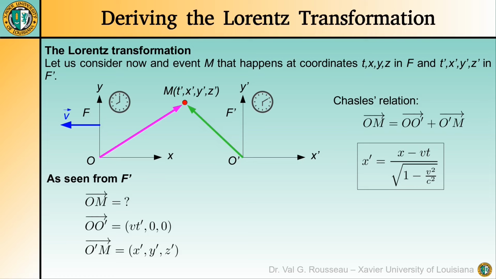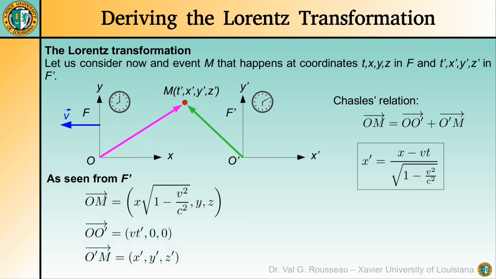Again, we already know that y prime equals y and z prime equals z, and we also know that x is a proper length because the x-axis is addressed in F. So we conclude that in F prime, this x-coordinate is contracted.